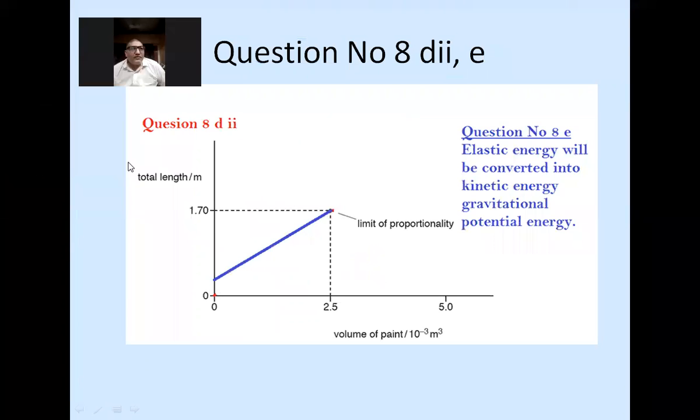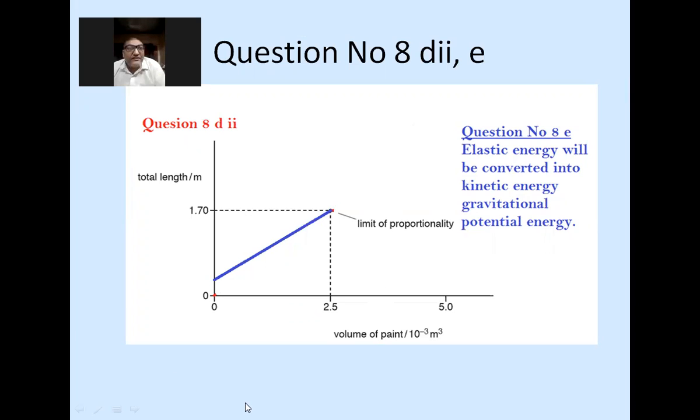Okay, so next part. Here we go. So the elastic energy will be converted into kinetic energy and gravitational potential energy. So see, when the rope is stretched and you release it, what happens? Its elastic potential energy will convert into kinetic energy, and because the rope jumped upward, it will also gain some gravitational potential energy.